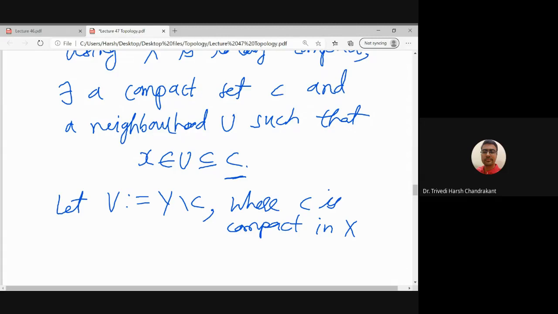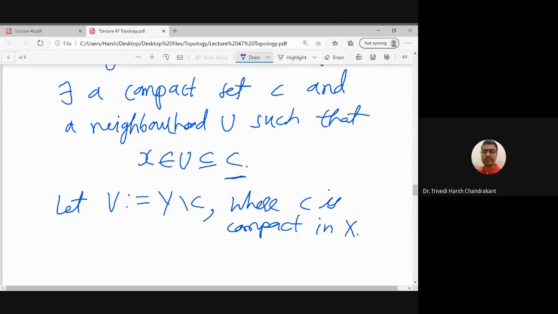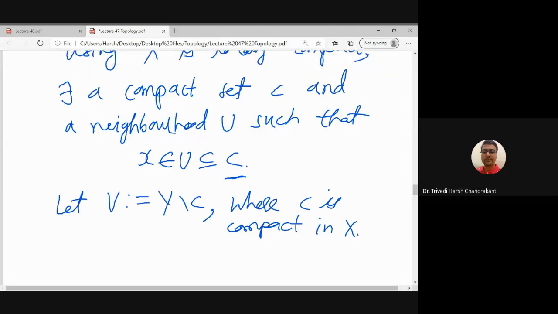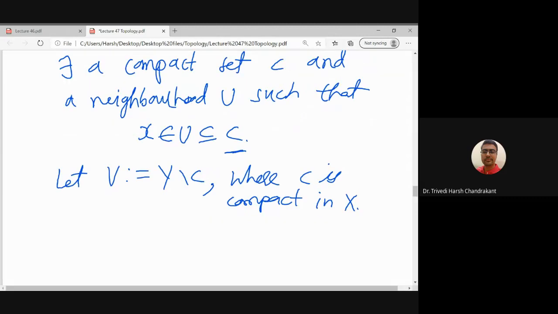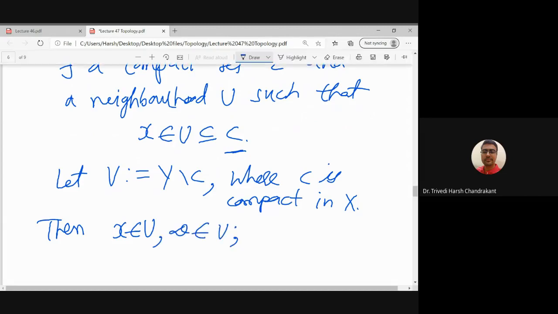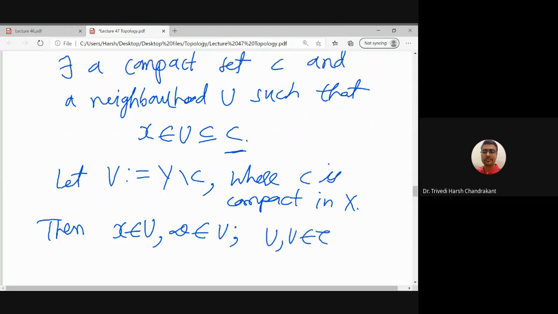Therefore V is open. Then x belongs to U, infinity belongs to V, and U and V are open in tau infinity because U is open in X, so it is an element of tau infinity.